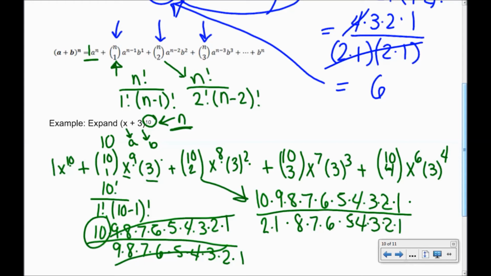Okay, so all of this cancels, and then we'll cancel a 2 from our 10, so we'll have 5 times 9, so this is 45. Okay, so if you were to do Pascal's triangle to the 10th level, you'd find the coefficients were 1, 10, 45, and so on. Okay, I'll leave that open for you to play with.